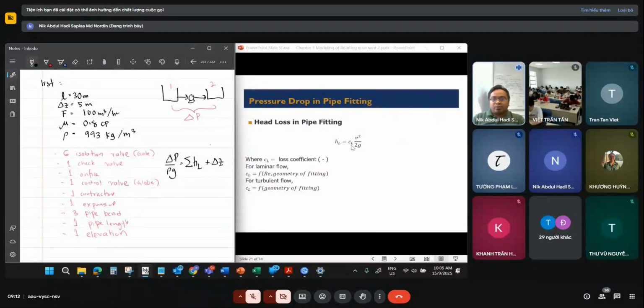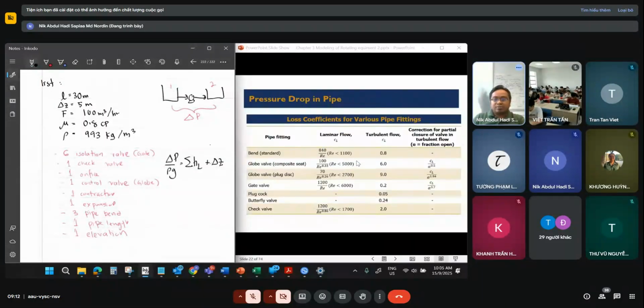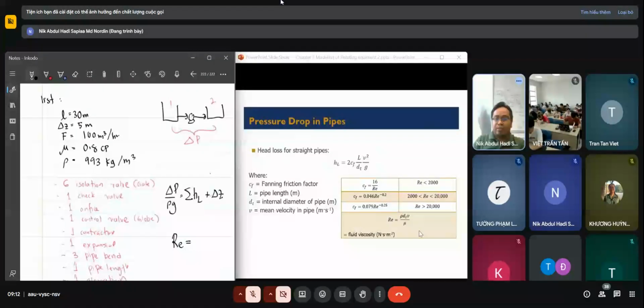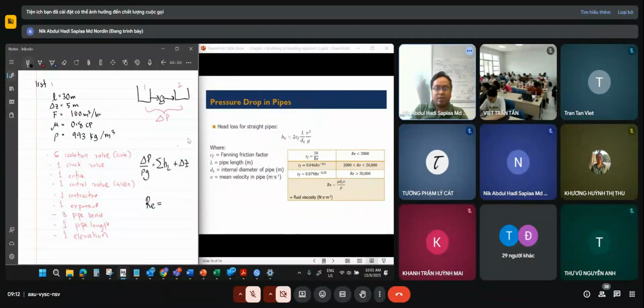So first, let's have a look. We need to calculate the K of each of the fittings. Before we can calculate the K, we need to calculate the Reynolds number, which is given by this equation: density, inner diameter, velocity, together with the viscosity.